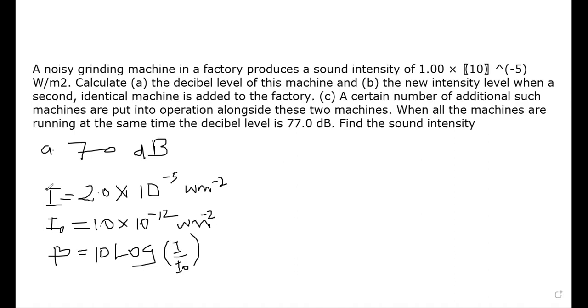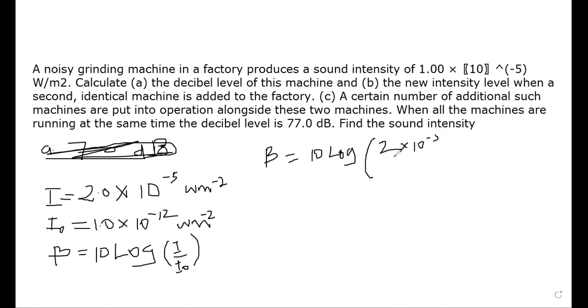When we substitute the value of I into this one and I naught into this, we will have beta equals 10 log of 2 times 10 to the power minus 5, all over 1.0 times 10 to the power minus 12.